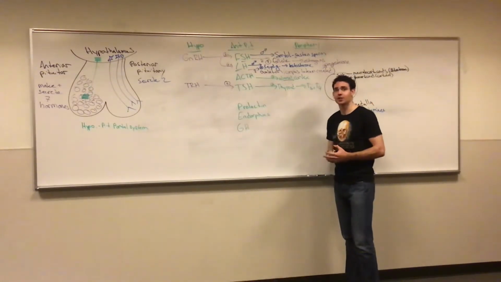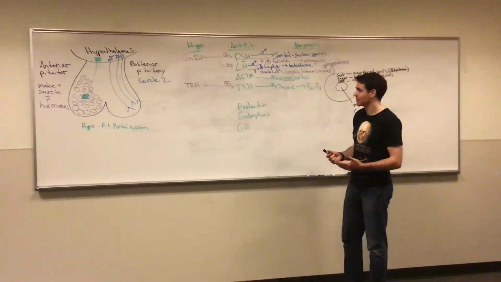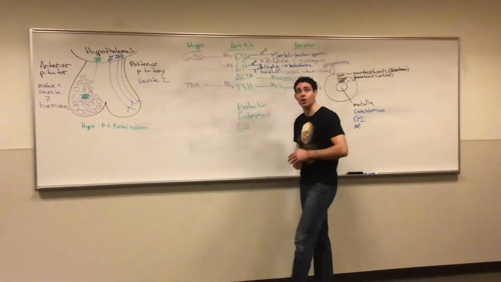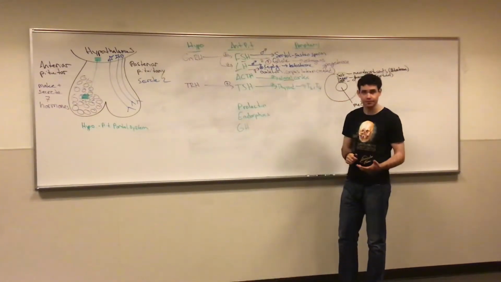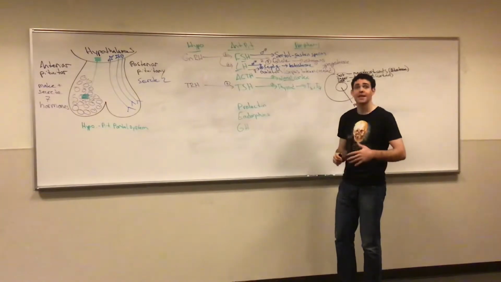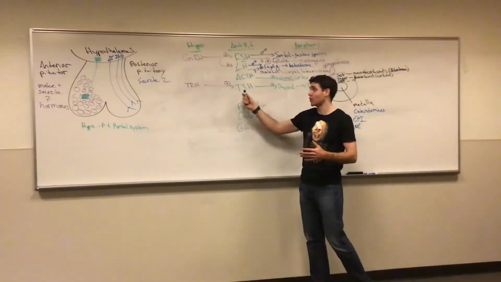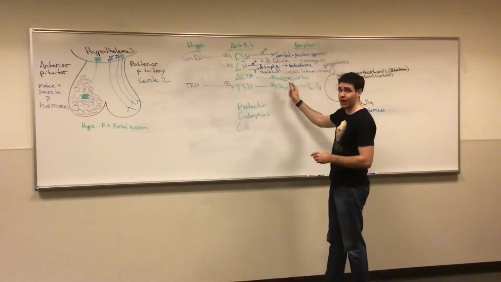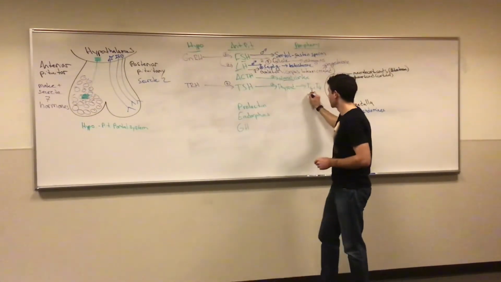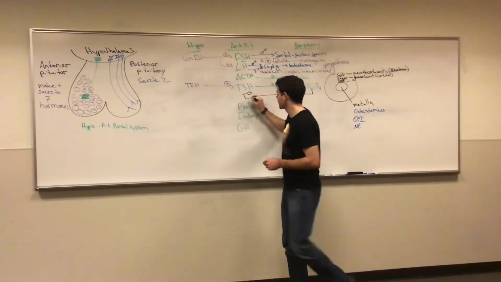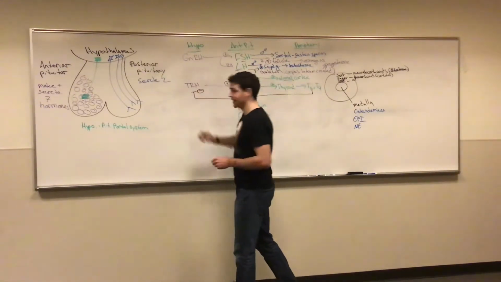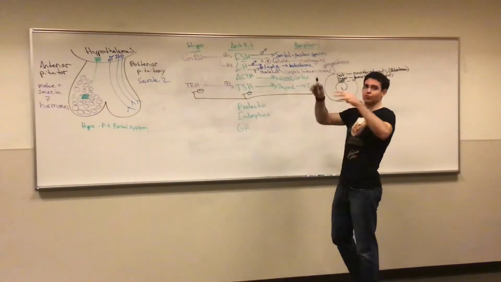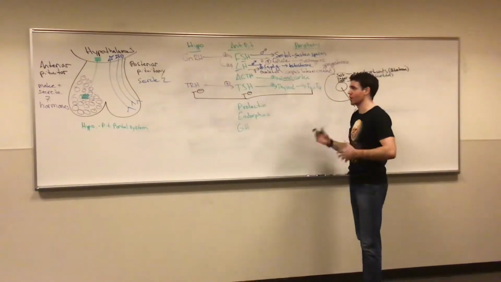So then the question is, what happens to the levels of thyroid stimulating hormone and thyroid releasing hormone in someone who's hypothyroid? The answer is the levels of thyroid stimulating hormone go up, right? Because at every level, and this is true throughout, we have feedback inhibition to make sure levels of hormones aren't running wild.